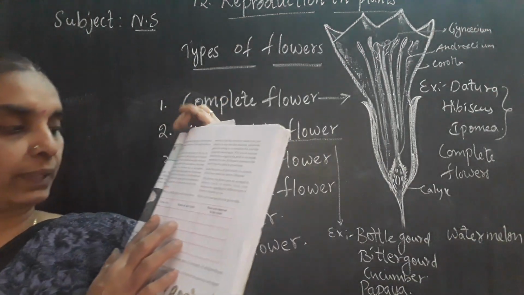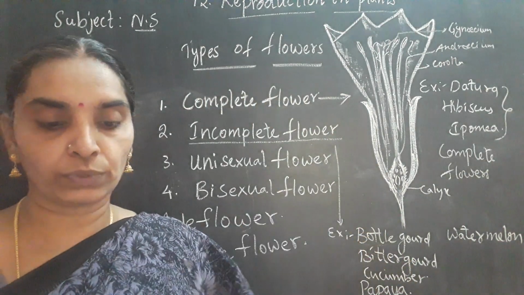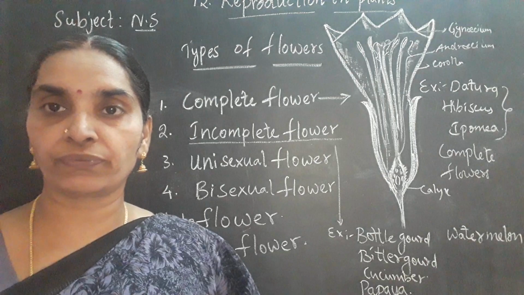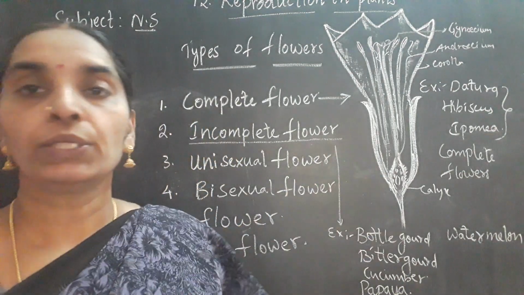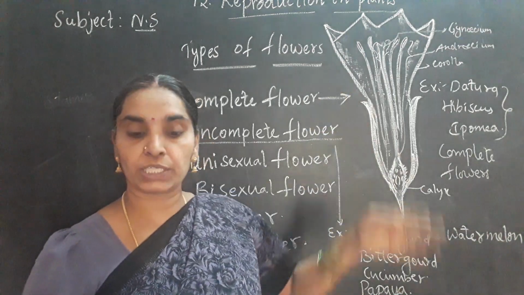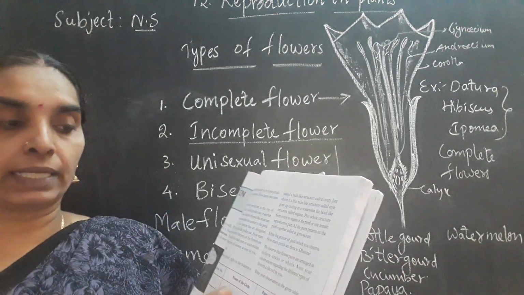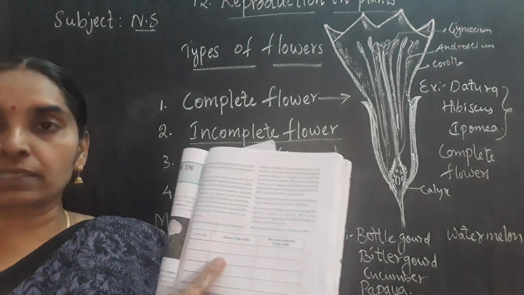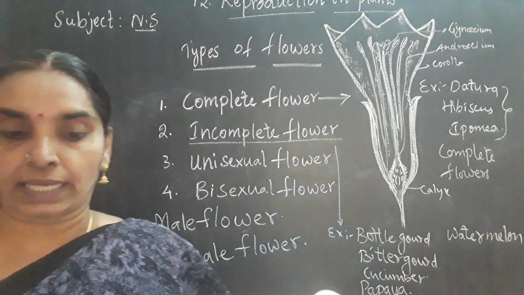Here it is given the name of the circle, so after observing the complete flowers, you can know the calyx, corolla, androecium, and gynoecium parts. The first circle is the calyx, next corolla, next androecium, next gynoecium.